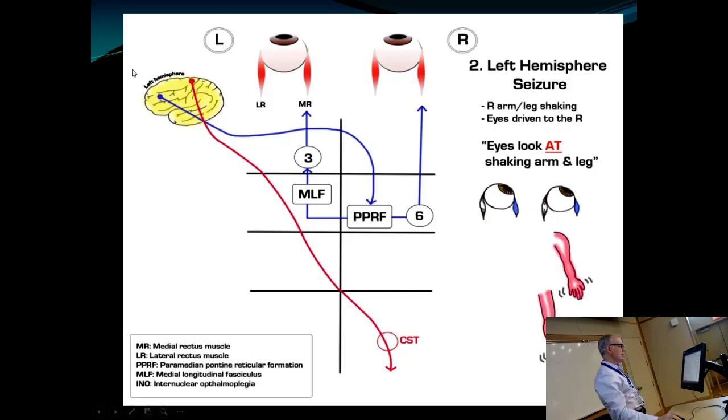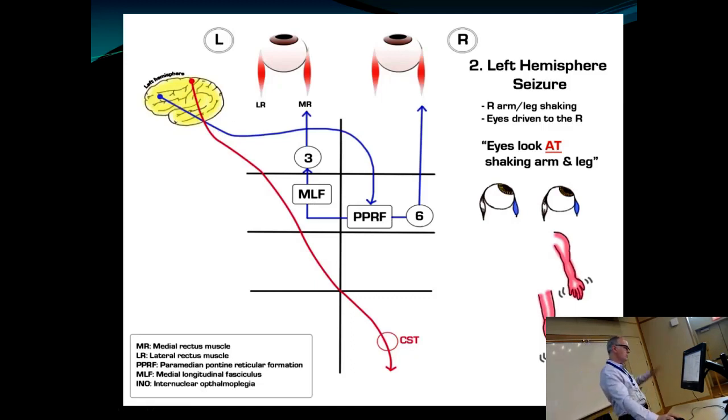We've talked about how the left brain moves your eyes to the right. It does so by talking to the opposite PPRF, 6th nerve complex. That moves the right eye to the right. It gets the left eye to move to the right by communication with the MLF to the part of the 3rd nerve nucleus that moves the medial rectus. Okay, so that's review. So what happens in a seizure?